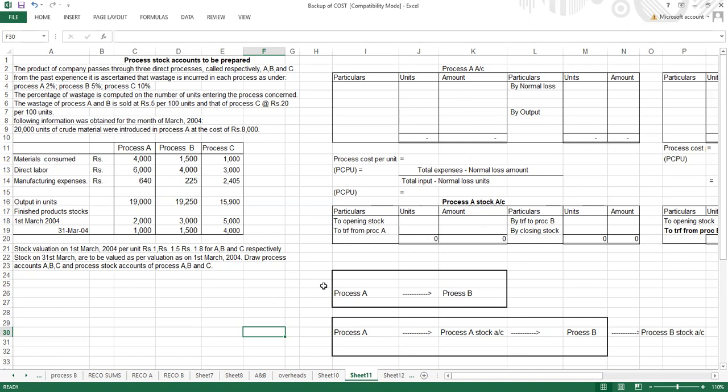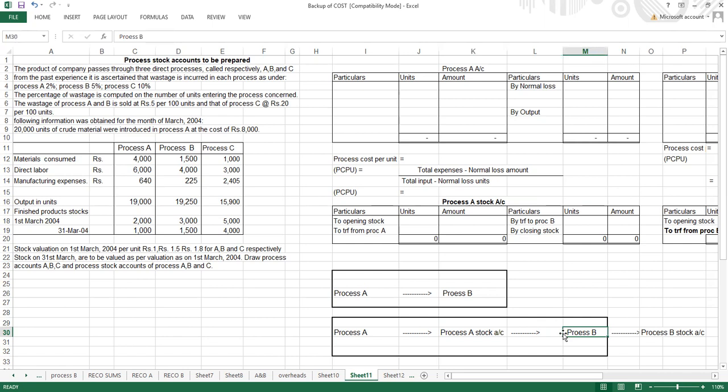Now we have seen that normally output of process A becomes input for process B. But now it will take a longer route. Process A output will be transferred to first process A stock account, and from that stock account, whatever the requirement be for B will be transferred to process B as an input.